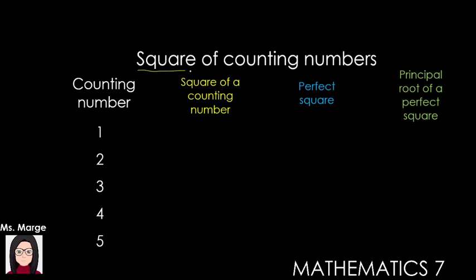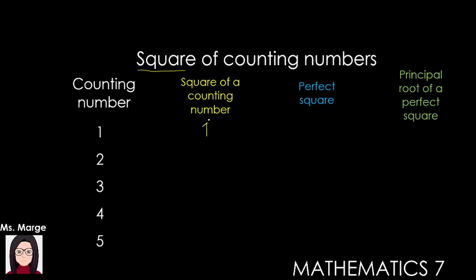square ng counting numbers. Paano yung square? Pag sinabi nating square numbers, yun yung mga numbers na may exponent na 2, ibig sabihin, minumultiply ng 2 beses sa kanyang sarili. Counting number natin dito, kunyari 1. Square of a counting number, that will be 1 squared.